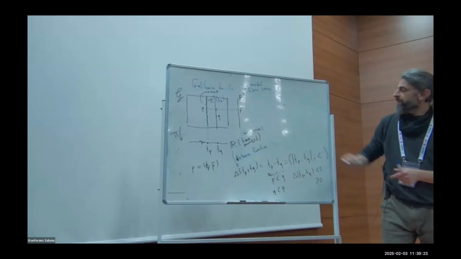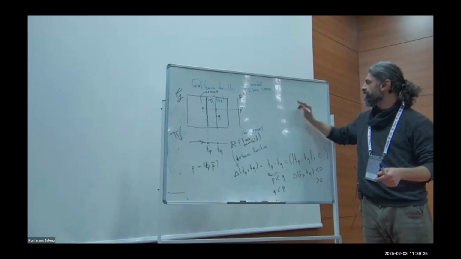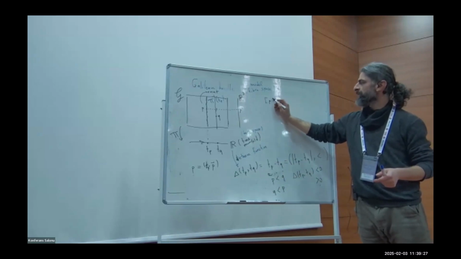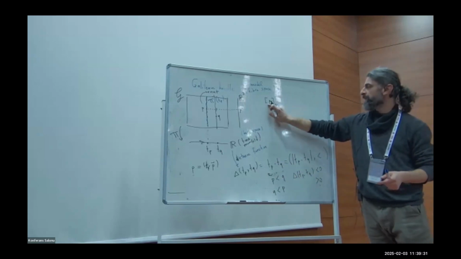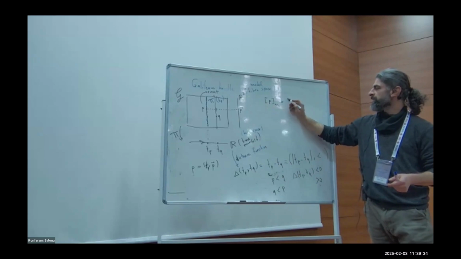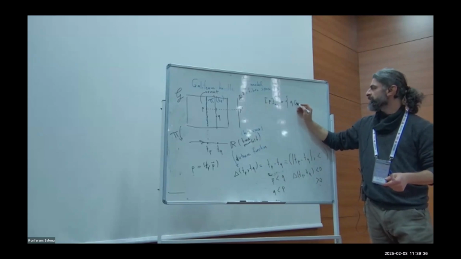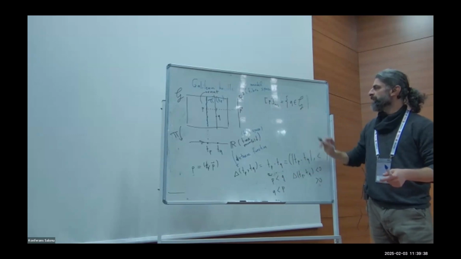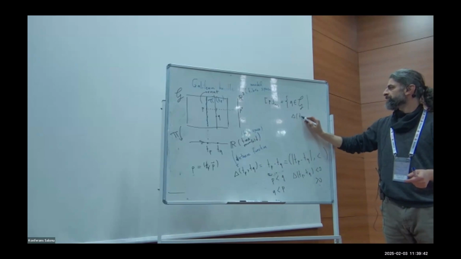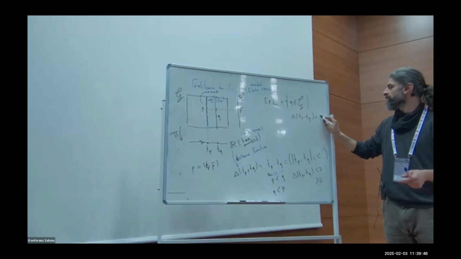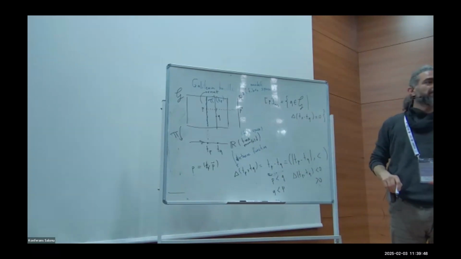So if you define the equivalence class of an event, these are the points of the Galilean bundle that lie on the same fiber. Okay.